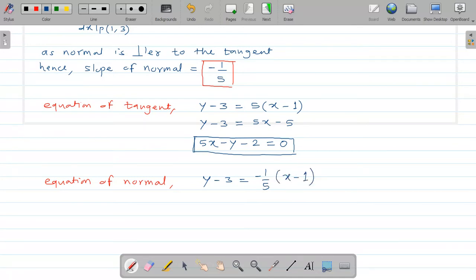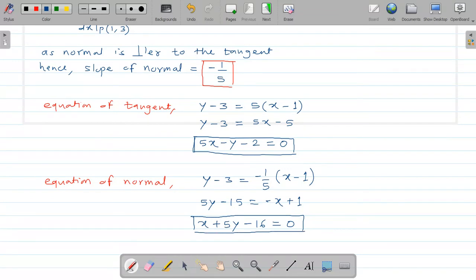Okay, point is same 1 comma 3. Now modify this, multiply by 5 both sides, you will get 5y minus 15 is equal to, here you multiply by minus 1 because 5 will get cancelled, so minus x plus 1. Now you can write this equation as x plus 5y minus 16 is equal to 0. Check this, you will get the equation of normal like this.